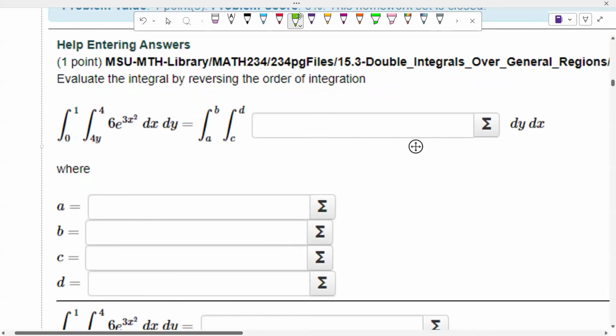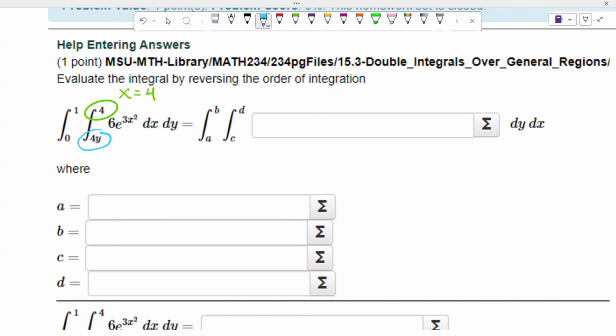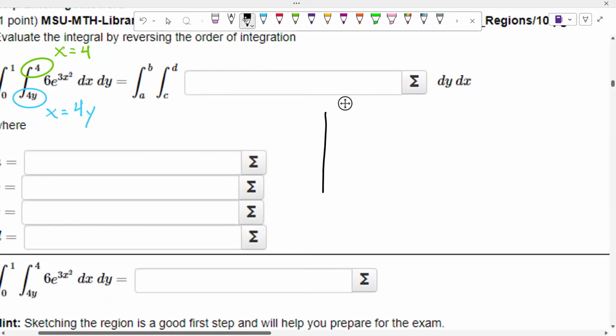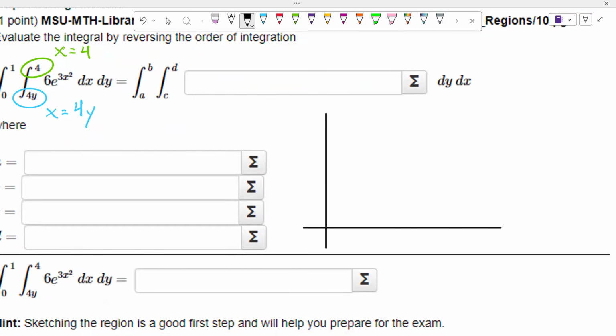Breaking this thing down, I have dx first. So I have equations x equals 4 and x equals 4y. So I'm going to go graph those two things. And it looks like I've got space for a graph right here. I might move this and blow it up later, but for now, it's going here.